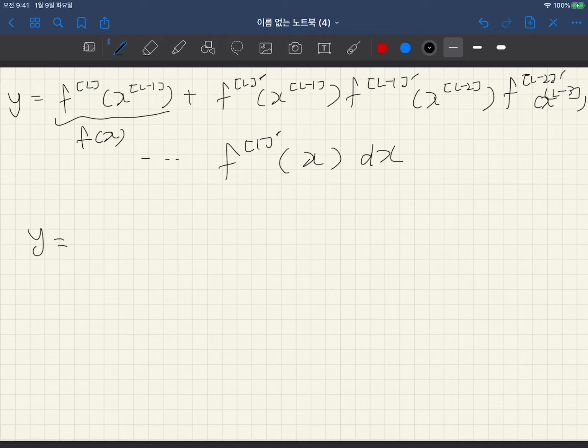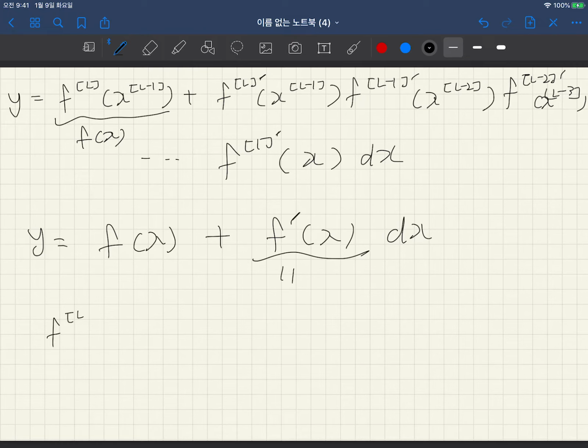So we have this form: y is equal to f(x) plus f prime x dx, where this f prime x is equal to f_L prime x_{L-1} times f_{L-1} prime x_{L-2} up to f1 prime x.